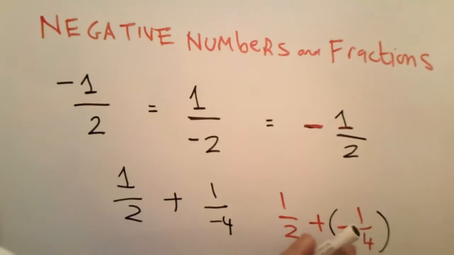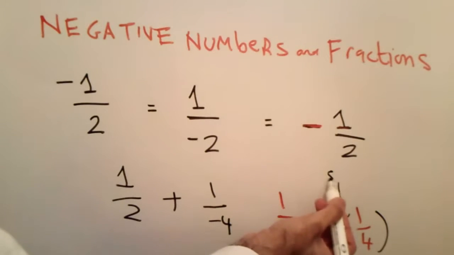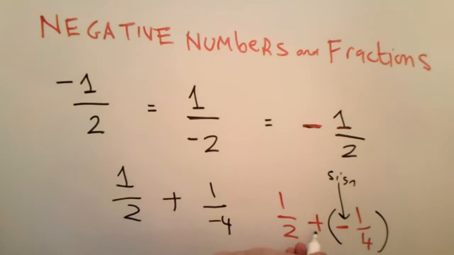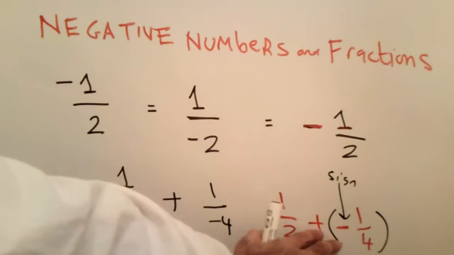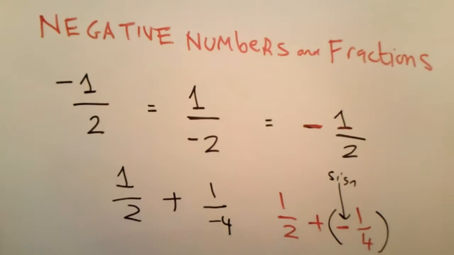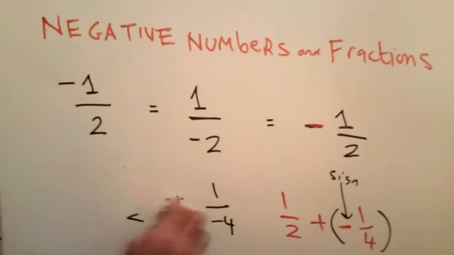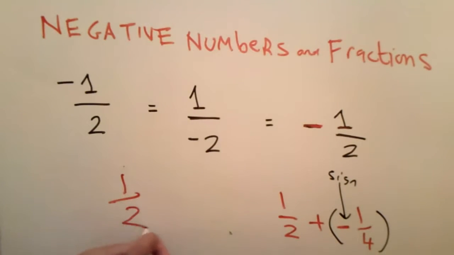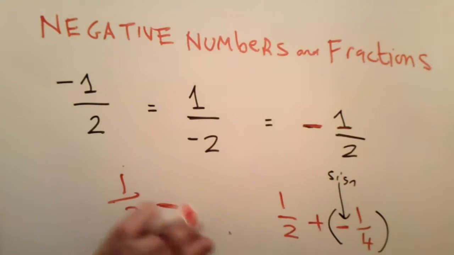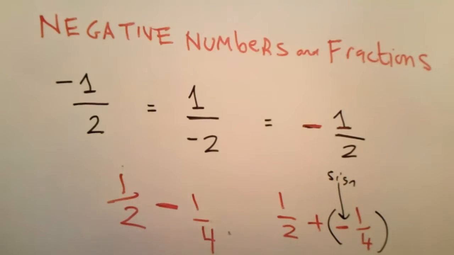So that's the sign of the fraction, and that's the operator, add. So 1/2, and now we've got a plus and a minus touching, and they make a minus. So we can rewrite that as 1/2, take away 1/4.